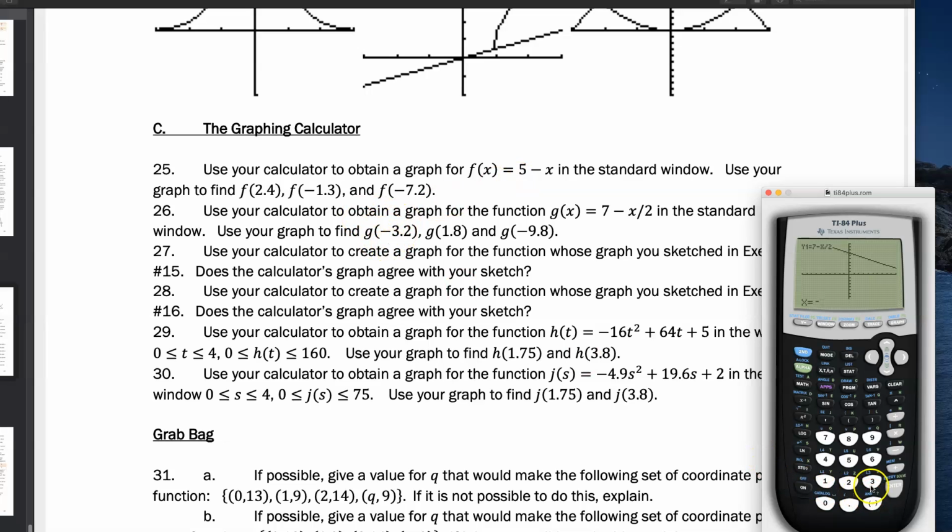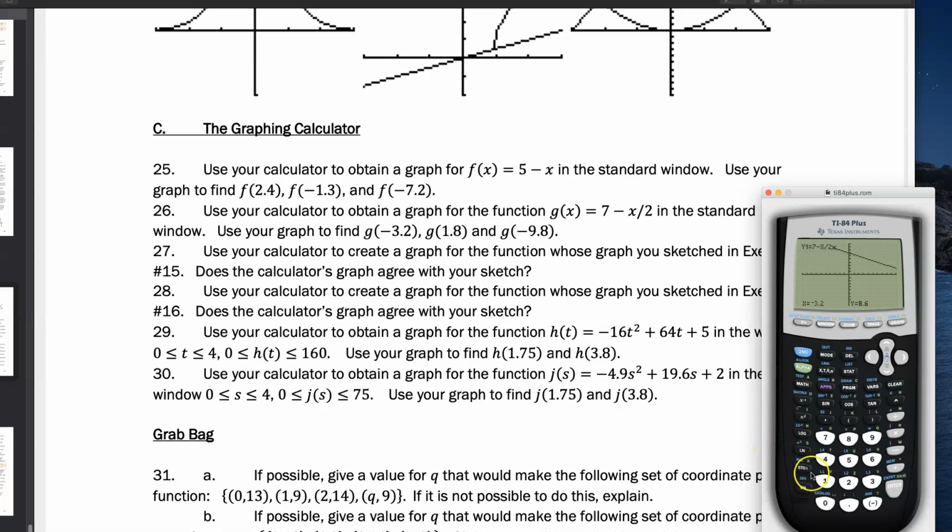So we'll say negative 3.2, enter. And this says that the y is at a height of 8.6. So again, that represents what the output value of g of negative 3.2 is. So yes, the height of the curve is 8.6, and also the output of this function is 8.6.